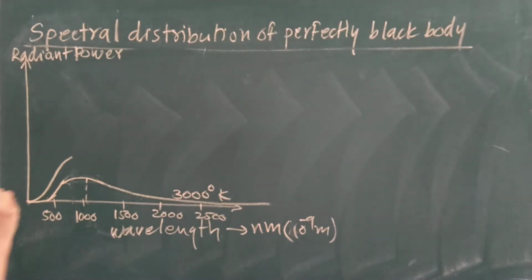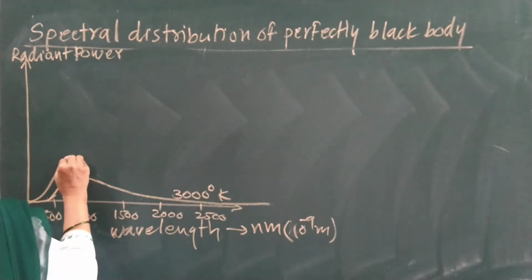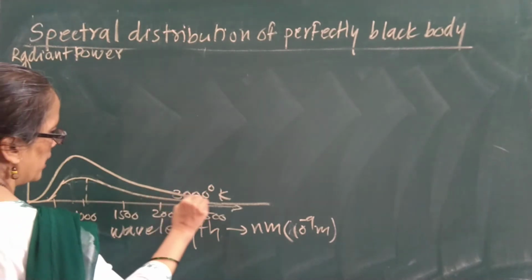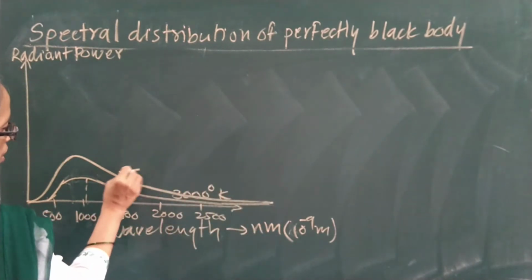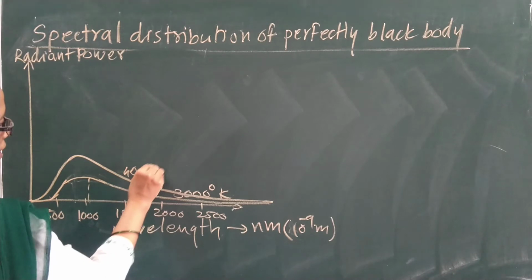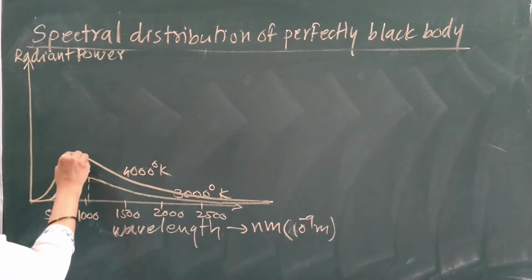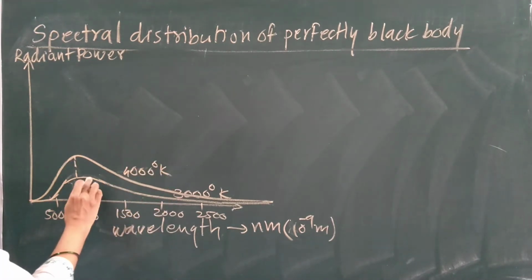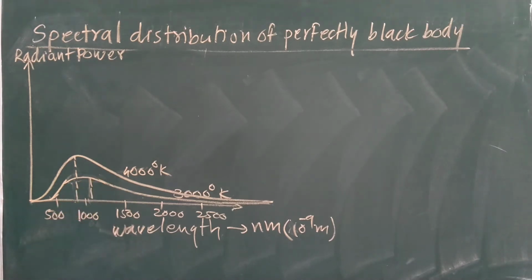So that peak will come somewhere in between 5000 से कुछ आगे यहाँ कहाँ तो भी चला जाता है. This is for 4000 degree Kelvin. अगर आपने बुक में प्रॉपरली देखा तो इसका पिक यहाँ चल जाता है. It is in between 500 to 1000.